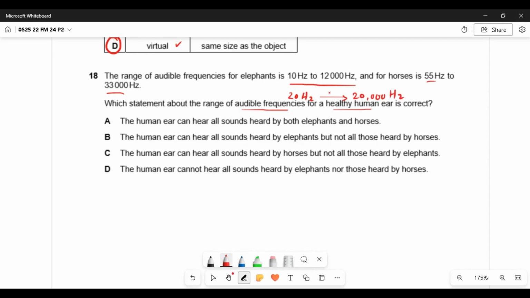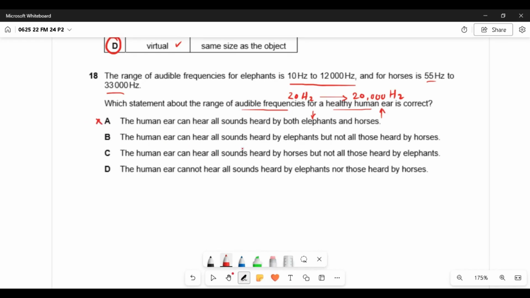So it is more than 12,000 but less than 33,000. Our range is not matching sometimes the minimum audible range or sometimes the maximum audible range. The human ear can hear all the sounds heard by both? No, elephants have the minimum range more and horses have the maximum range more, so it is impossible.